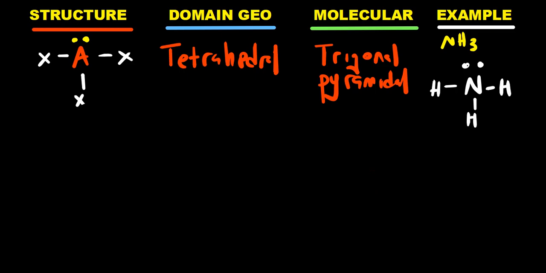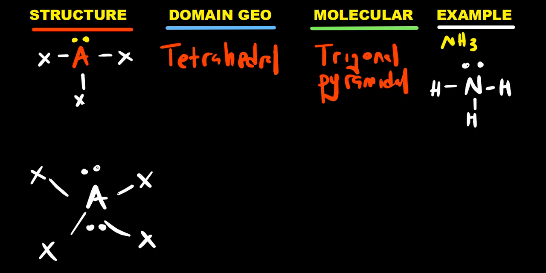So if we're going to talk about xenon, let me say this is our central atom connected to, let's say, 4 things. This is X, this is X, this is X, this is X. Then it has 2 lone pairs. Because it has 2 lone pairs, it's still connected to 6 things.